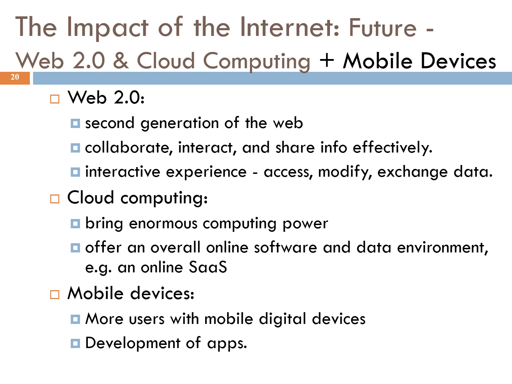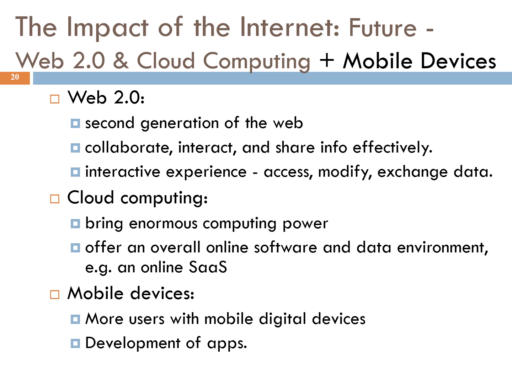When we are talking about Web 2.0, we are talking about social media. It is the second generation of the web, whereby users collaborate, interact and share information. Interactive experience. This is the social media generation, whereby data is easily exchanged and easily obtained. That is the impact of the internet.